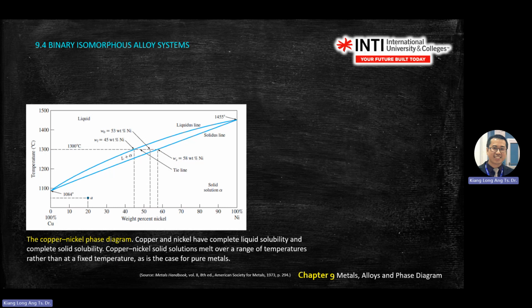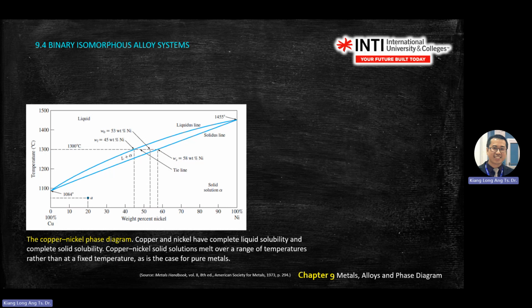Okay, you extend further, same temperature, 1300 degrees C, you project down, you will see about 58% nickel and 42% copper at this temperature. So it depends on the percentage of nickel and copper you have at this temperature.